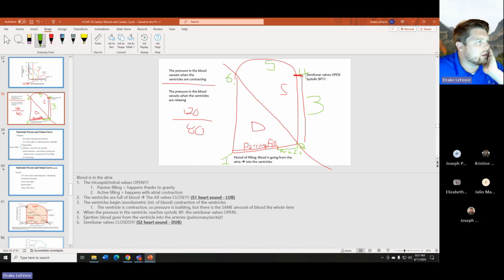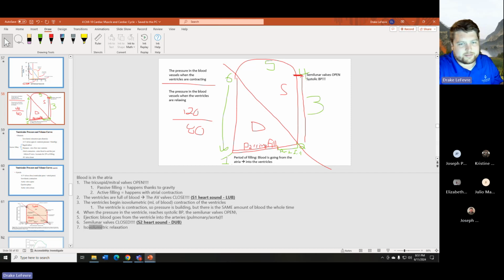Next part, after we've contracted, we've shot out all the blood. Now our valves close. Finally, we get isovolumetric relaxation. Breaking down this word, what does this mean? Iso means what? Same.